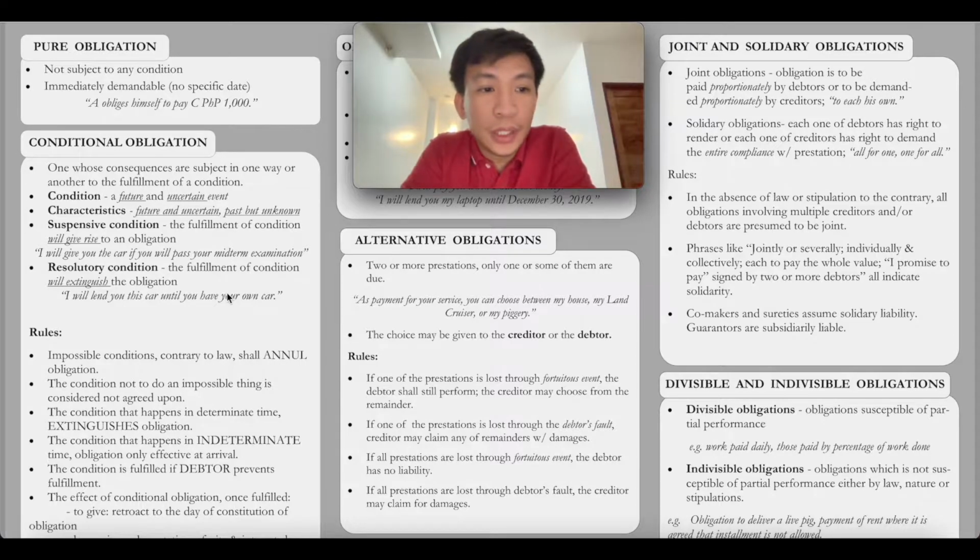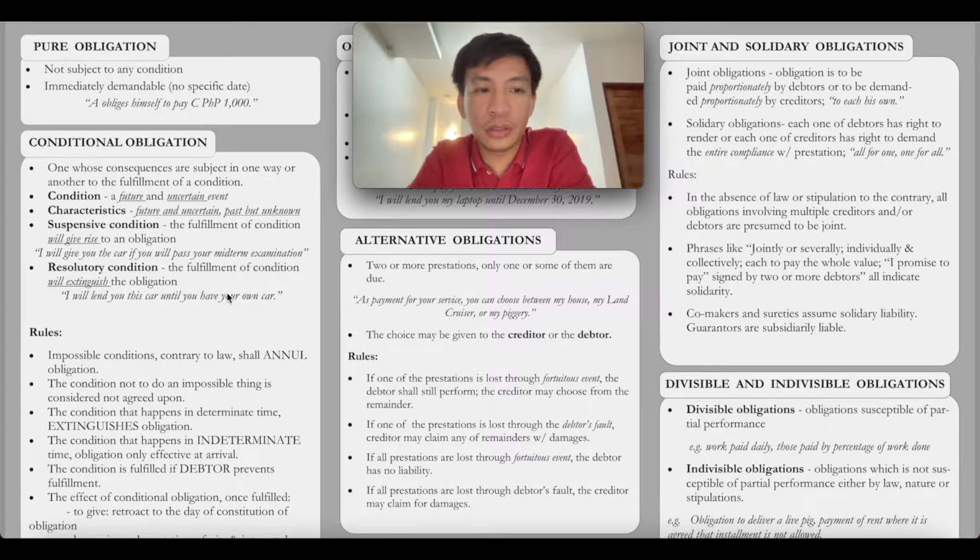Okay, to distinguish whether a condition is suspensive or resolutory, we need to determine what is the effect of that condition. Kung nangyari ba yung condition ay magkakaroon ng obligation si debtor, or kapag nangyari yung condition ay matitigil yung obligation ni debtor.